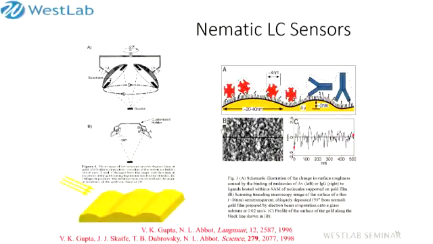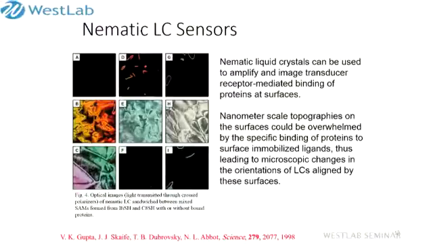Nematic liquid crystal sensors. We see the sensors are divided by the chemicals they detect. Nematic liquid crystals can be used to amplify and transduce the binding of proteins at surfaces.